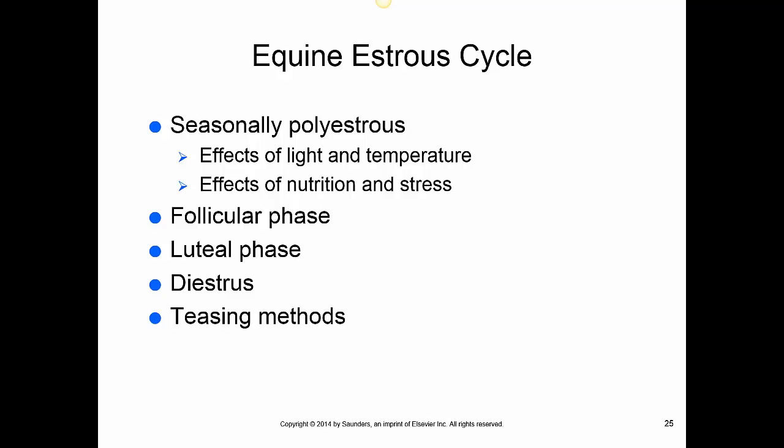We do know that estrus is longer when daylight is shorter, and estrus is shorter when daylight is longer. So around June the 22nd, the longest day of the year, I've seen some horses be in estrus 2 days, ovulate and be done. But that's the luteal phase. After the luteal phase, they go into diestrus, and if they're not pregnant, that's going to last 17 days, and then the estrus cycle starts over again. That's 17 days on average.